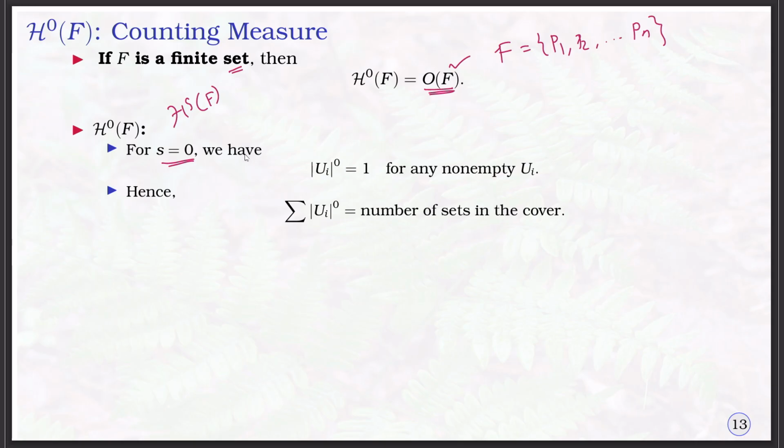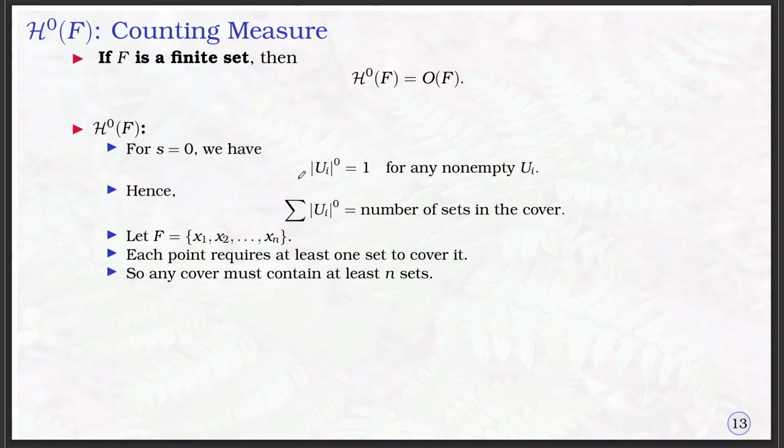The summation varies over 1 to infinity, that means for any non-empty set mu i this is 1. Then the summation counts the number of sets in the given cover. We are taking the infimum among all covers, and this is equal to the number of sets in the cover.